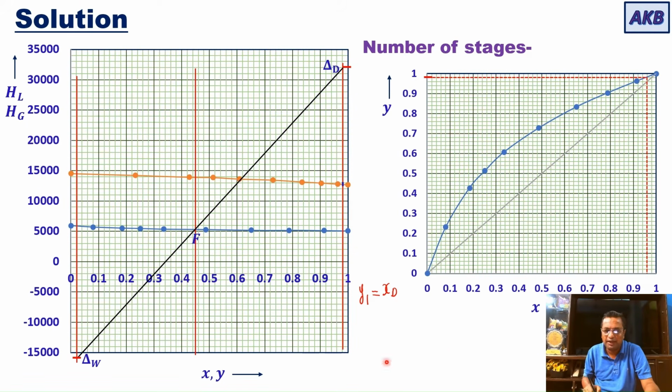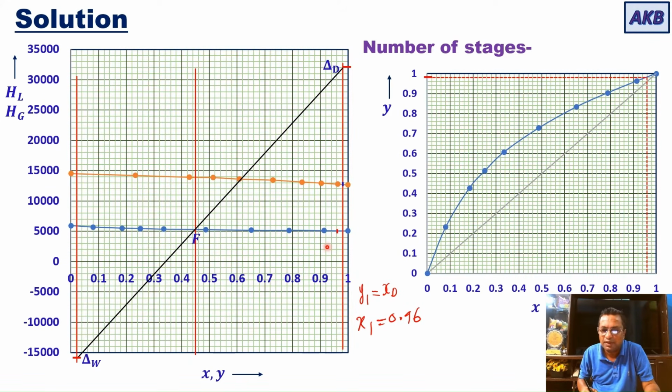So that would be x1. In this case, you can check x1 comes out to be 0.96. So I will read this value. x1 comes out to be 0.96.